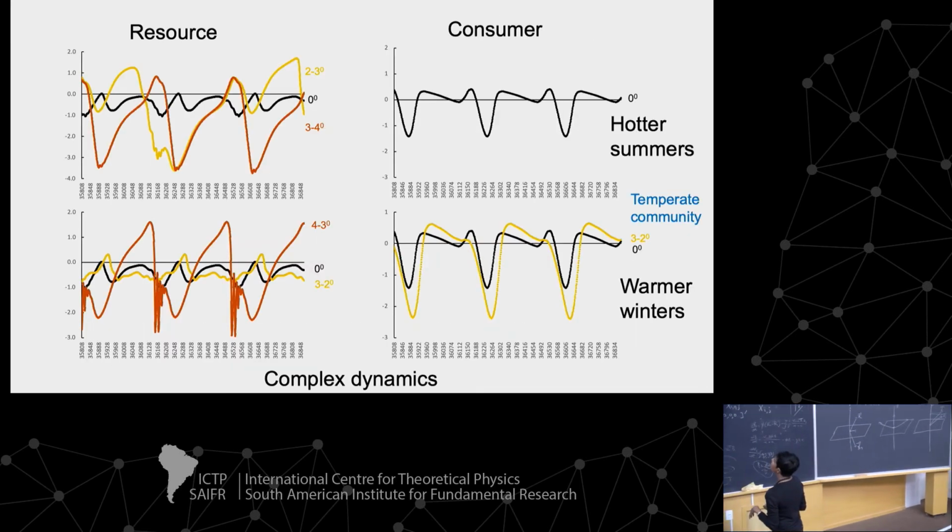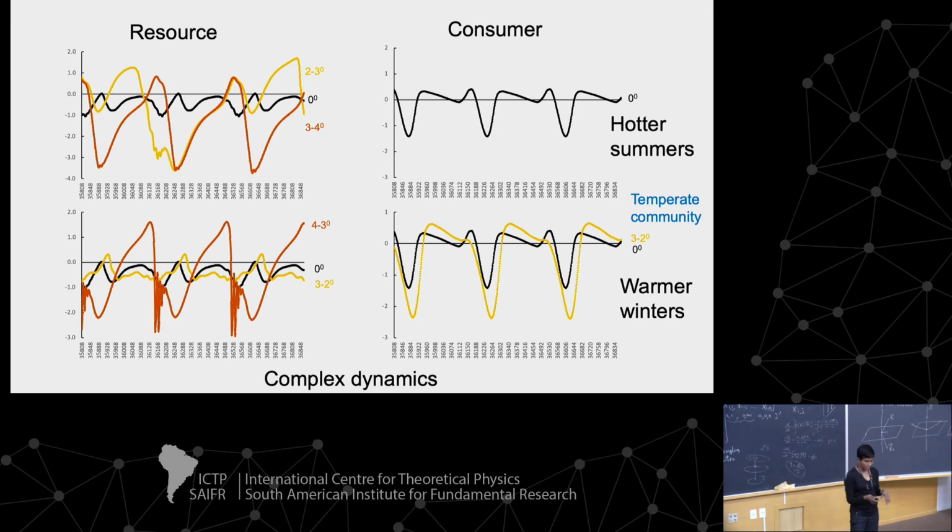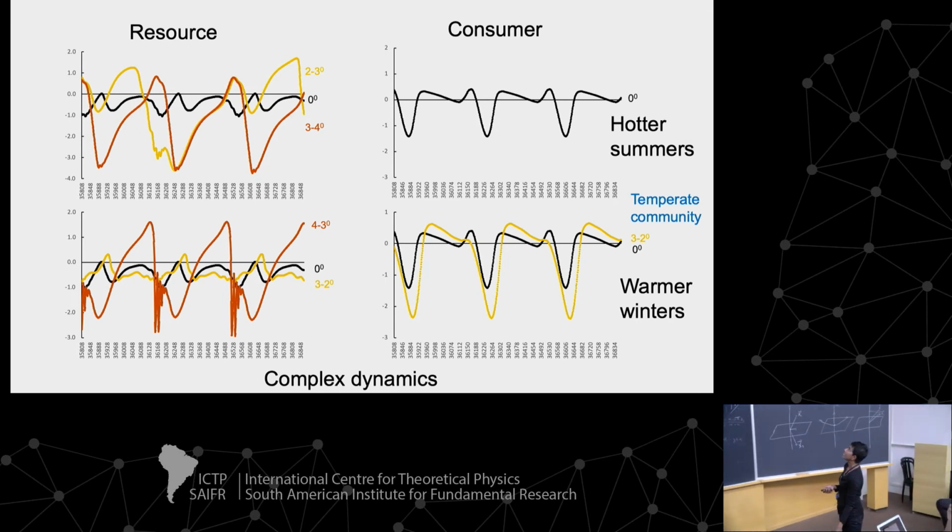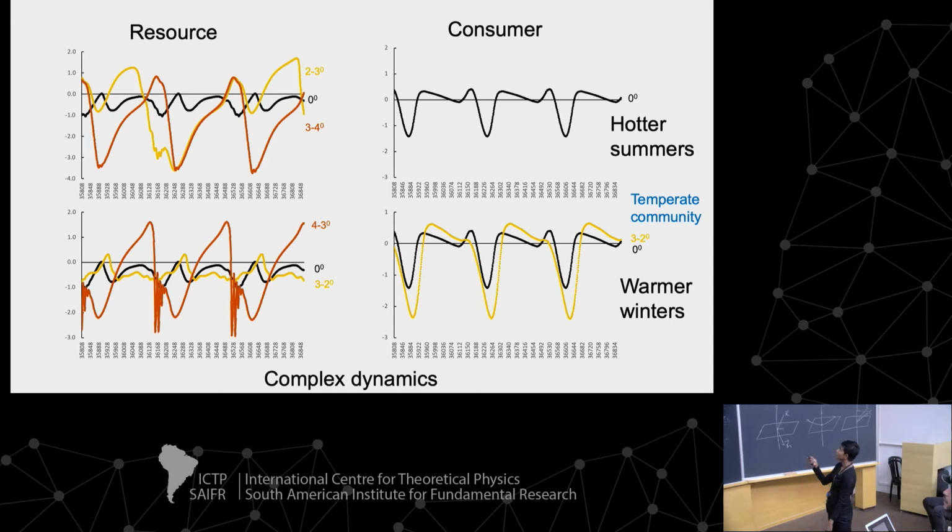So here we are looking at the situation where the consumer resource dynamics exhibit delayed feedback cycles in the absence of any temperature variation. And now we ask what happens when you have seasonal variation and climate warming. And it is for a temperate community here, with hotter summers and warmer winters.